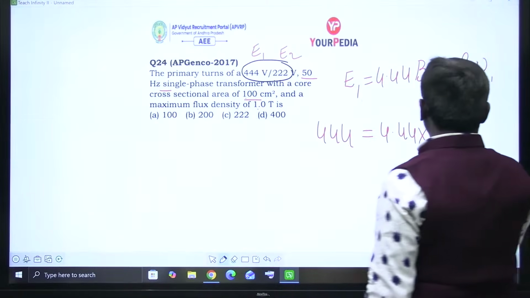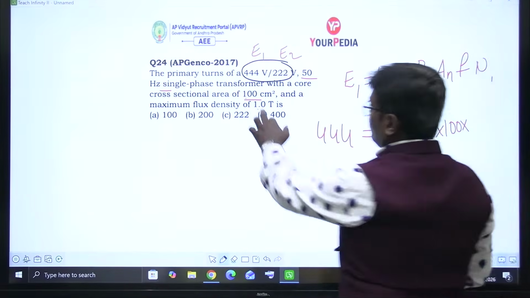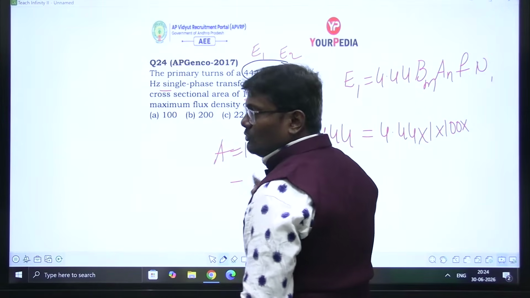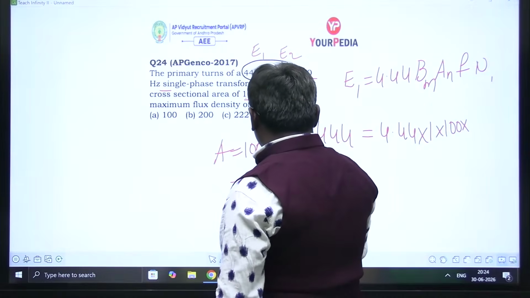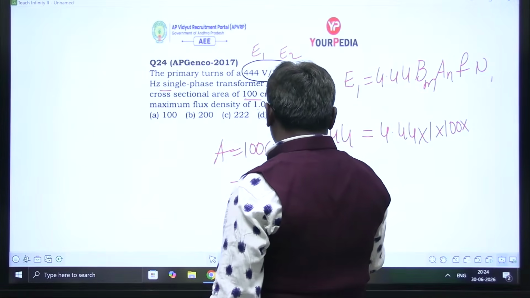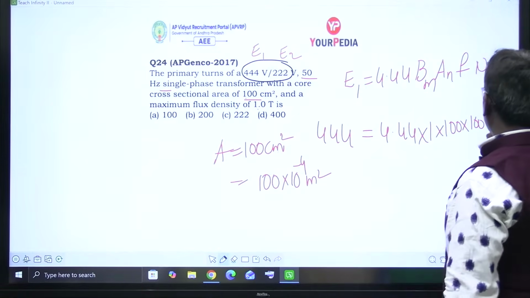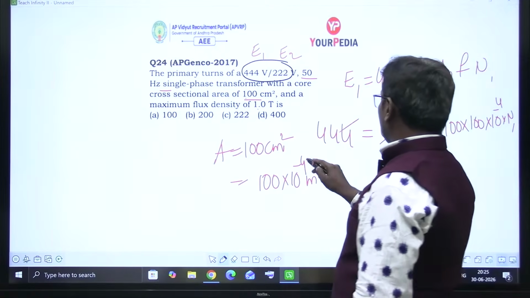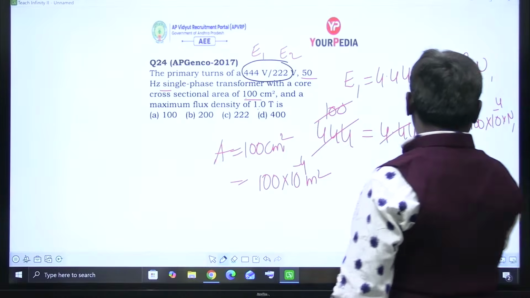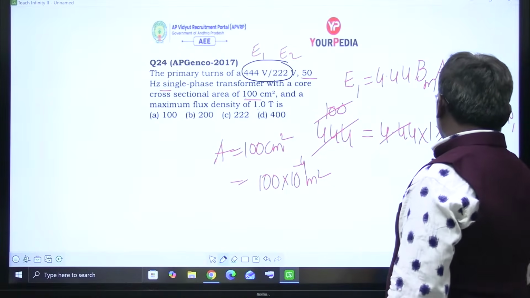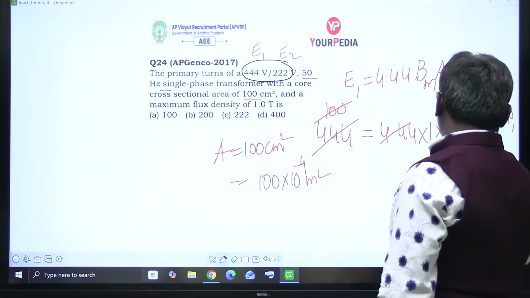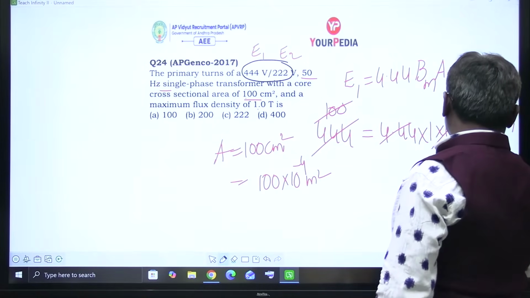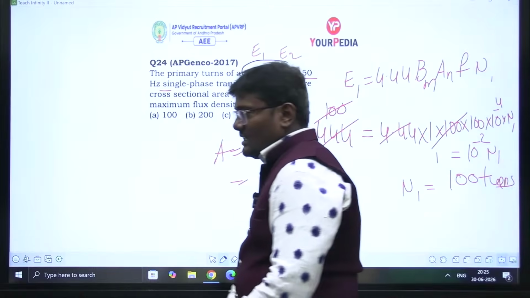Area is 100 centimeter square, which you should convert into meters square. 1 centimeter is 10 to the power of minus 2 meters, so 100 into 10 to the power of minus 4 meters square. Substitute here: 100 into 10 to the power of minus 4 into N1. So N1 is equal to 100 turns.